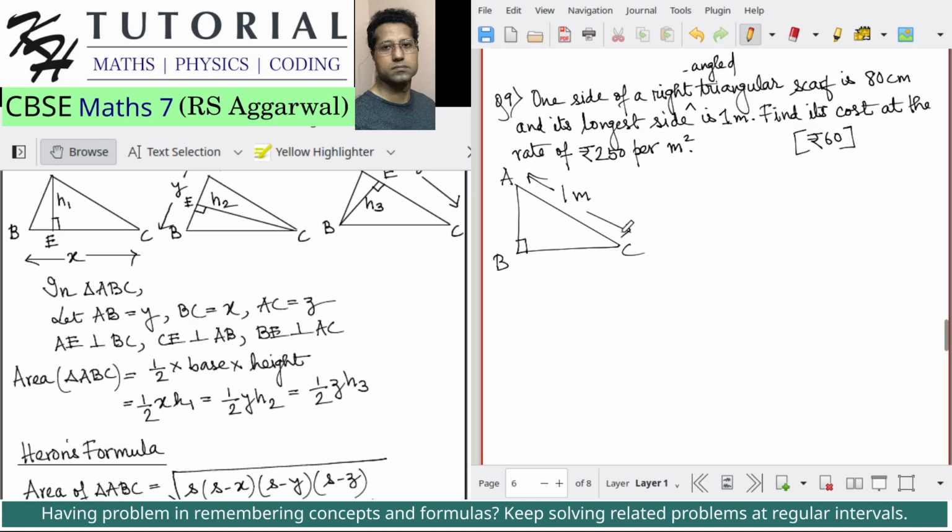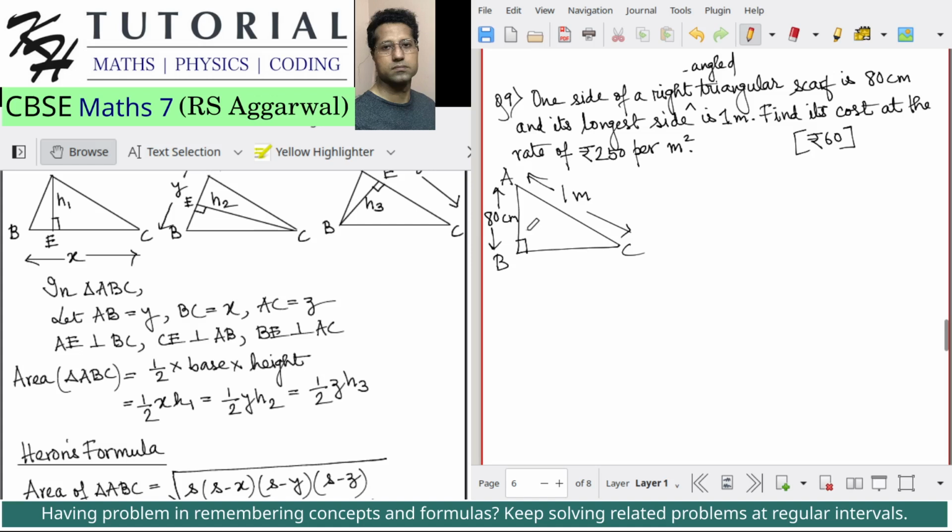Find its cost at the rate of rupees 250 per meter square. So we have to find the area of the right angled triangle. One side is given as 80 centimeters. So one side means one of the arms or the legs. Let's say this be 80 centimeter.